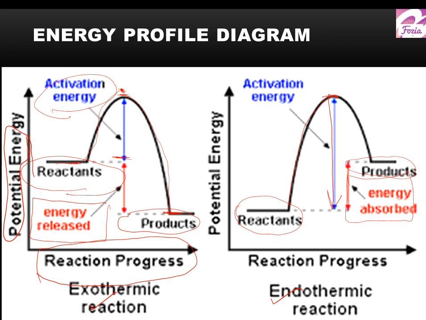Then the energy of the system drops down to form the products. The overall enthalpy change can also be observed: delta H is always negative for exothermic reactions, but for endothermic reactions the total enthalpy change is always positive.